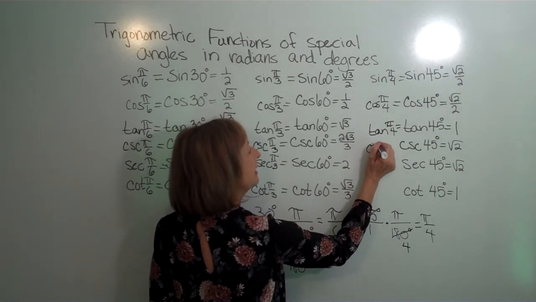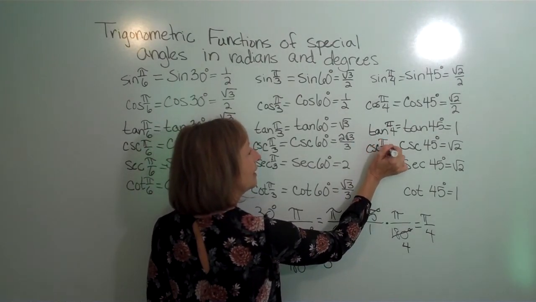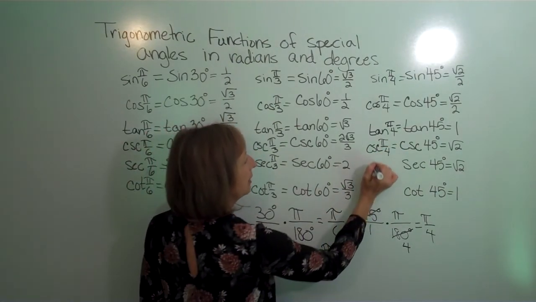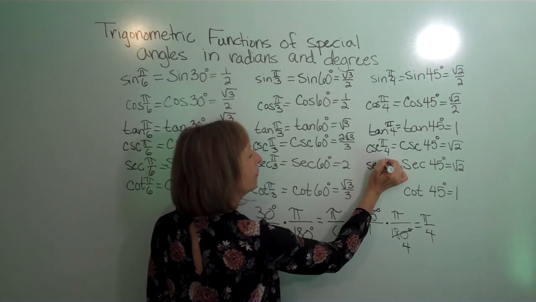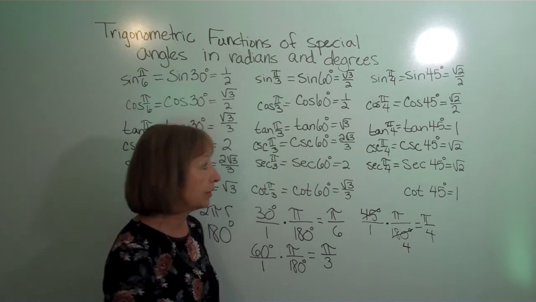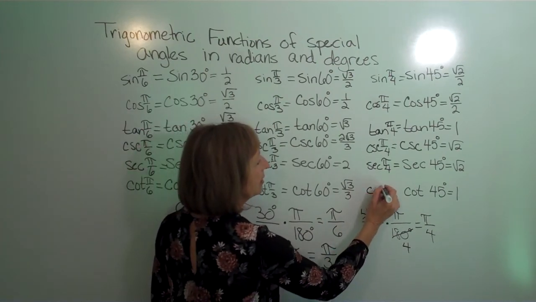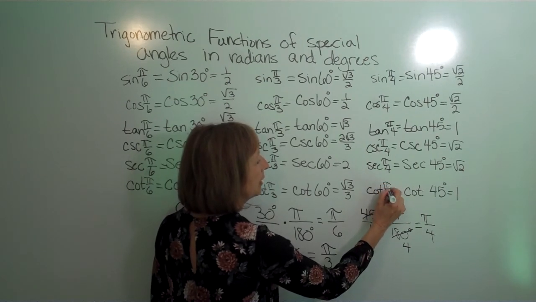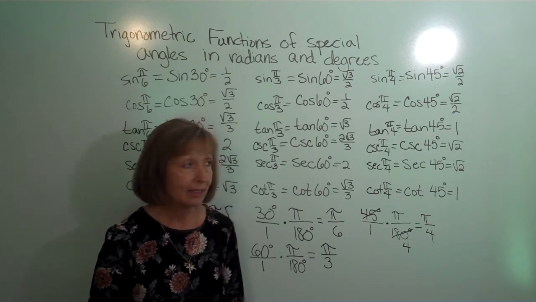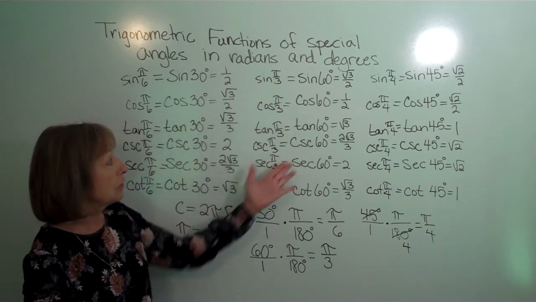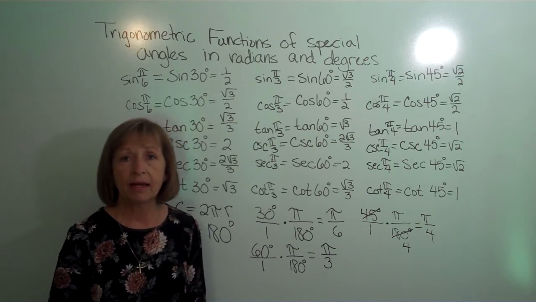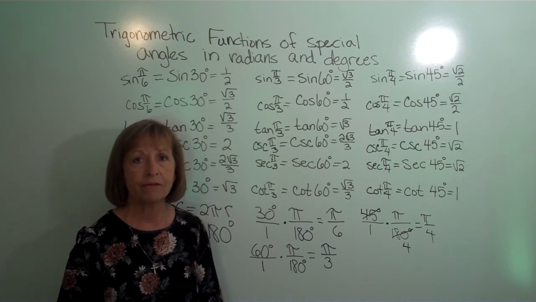The cosecant of pi over 4 is the same as the cosecant of 45 degrees, which is the square root of 2. The secant of pi over 4 is the same as the secant of 45 degrees, so that's the square root of 2. And then the cotangent of pi over 4 is the same as the cotangent of 45 degrees, which is 1. So here we have all of those special angles in radians as well as degrees, and then the 6 trigonometric functions of each of those.